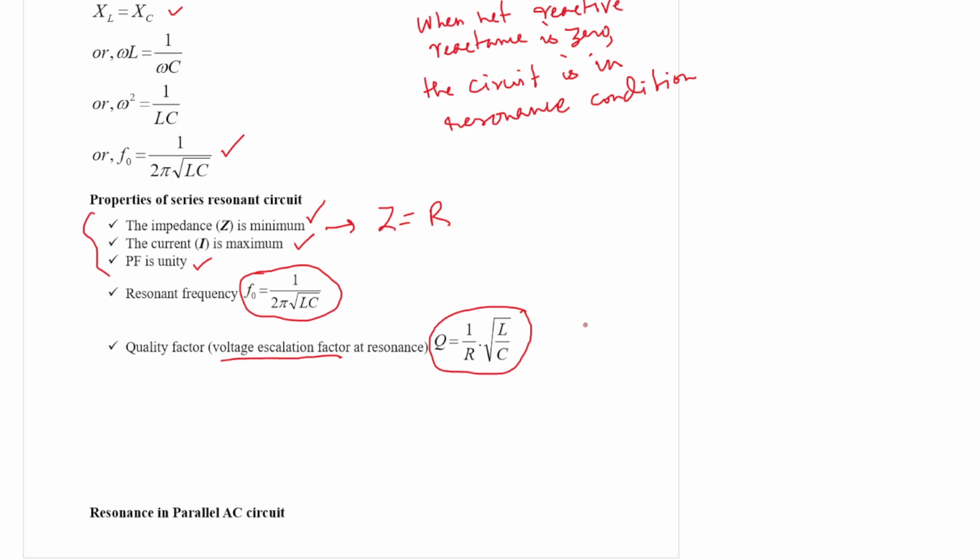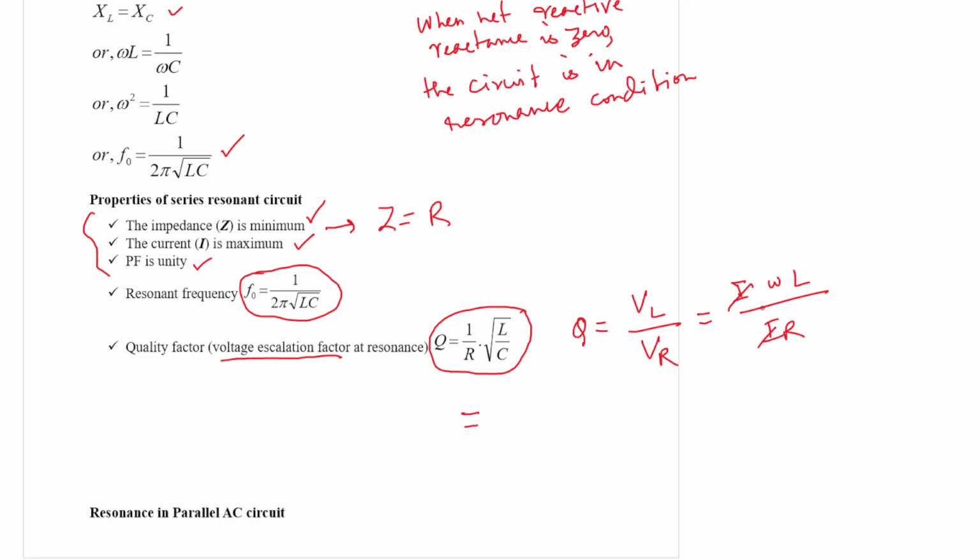Voltage escalation factor means the Q factor is the voltage drop across the inductor divided by the voltage drop across the resistor. So VL is equal to I into omega L and VR is equal to I into R. So this I gets cancelled because it is a series circuit.